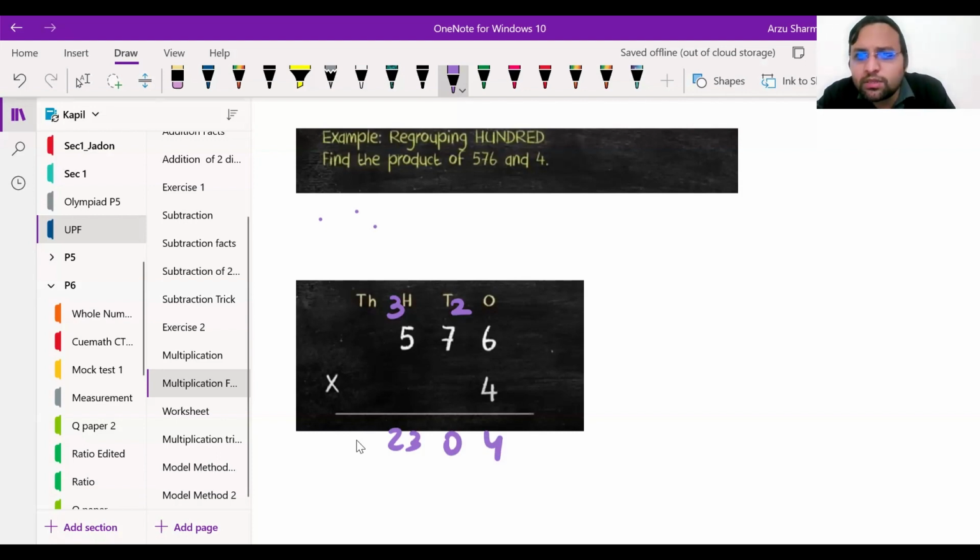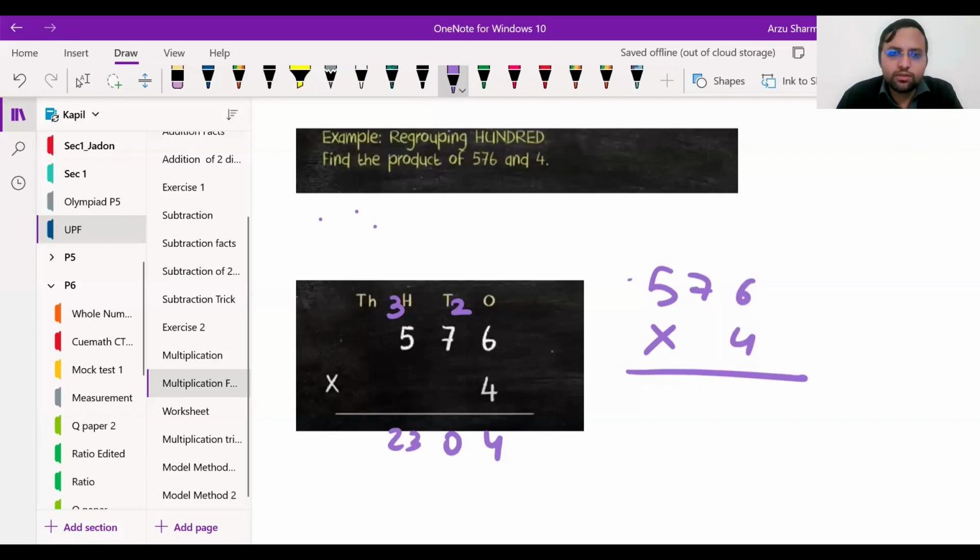That's not correct. We need to multiply 576 by 4.